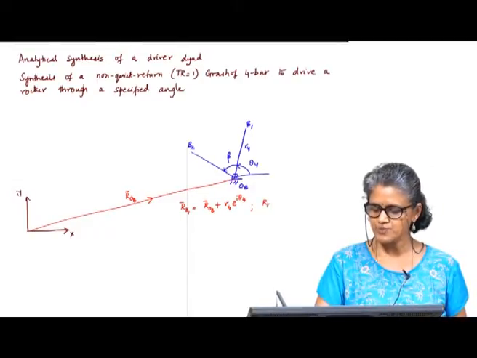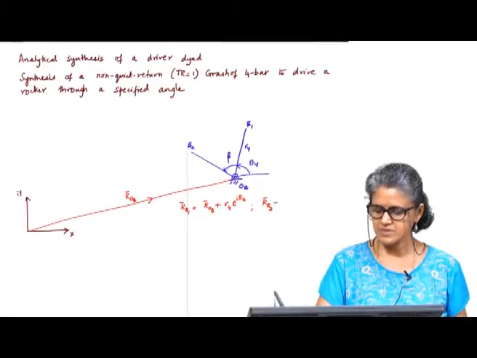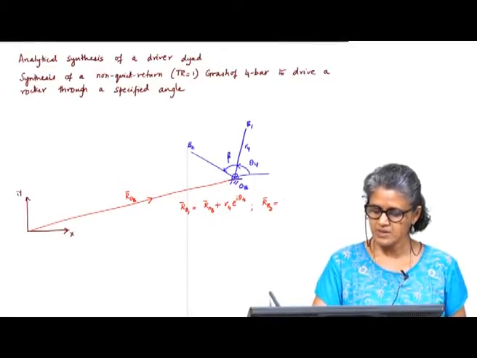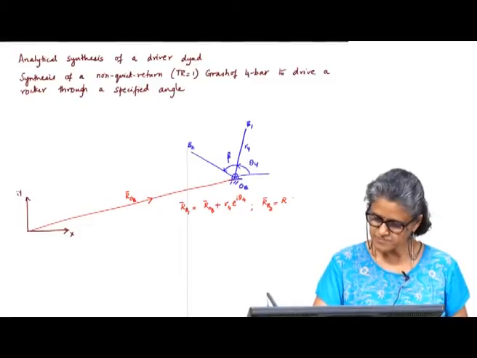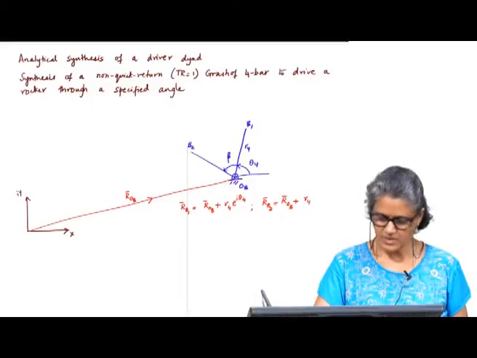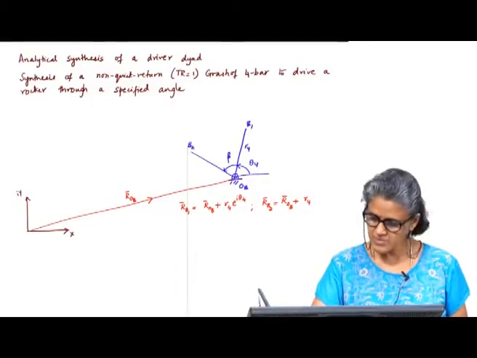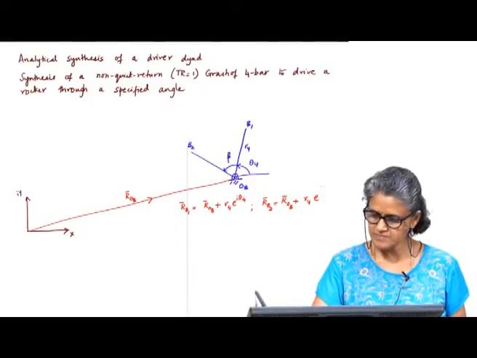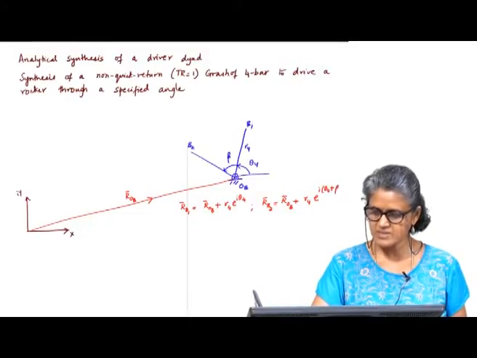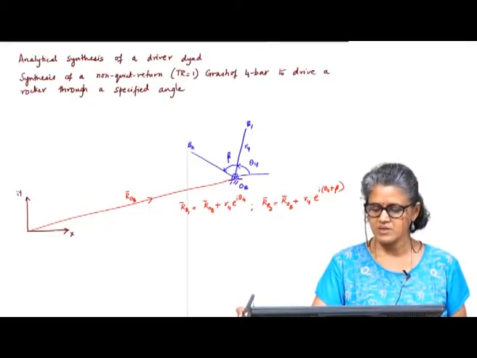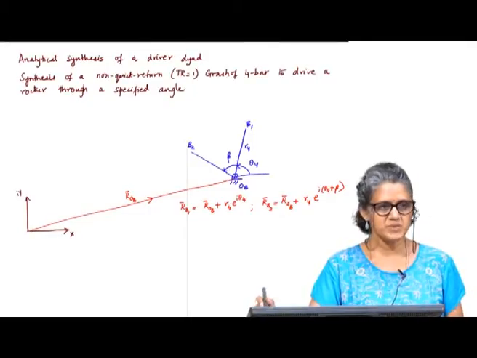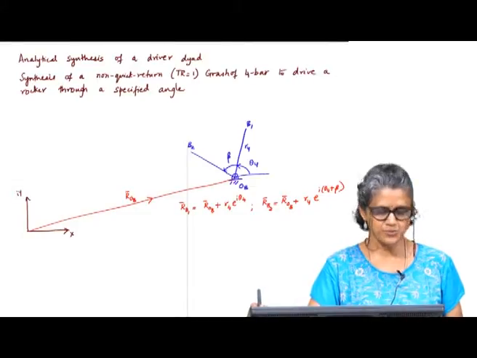R B2 equals R O B plus R4 e to the power I of theta 4 plus beta. Okay. So, I can find the location of B1, I find the location of B2.